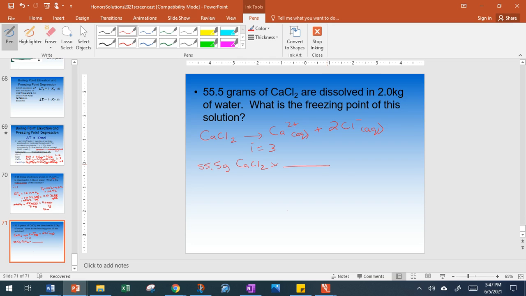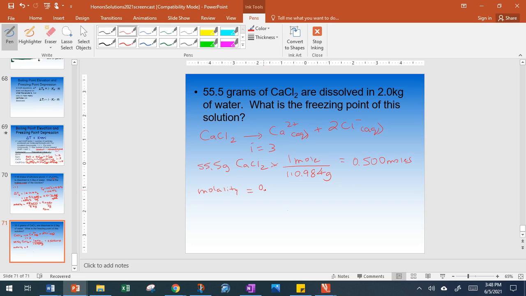So we have 40.078 plus 2 times 35.453 gives us 110.984 grams in 1 mole. So if we do that, we get 0.500 moles.